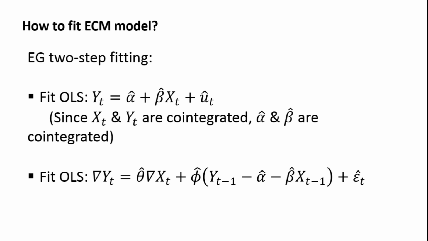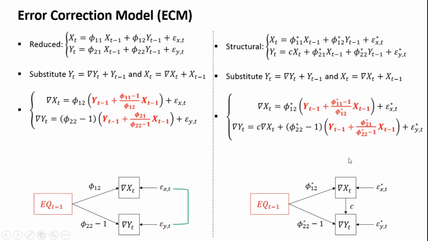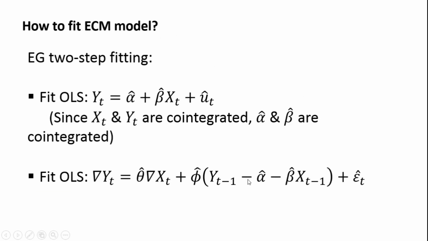This is the term called the error correction term that we found in the previous relationship in red. That is the estimation of the differential of a variable in function of the differential of the other, without forgetting the error correction term. So that's the representation of the error correction model.